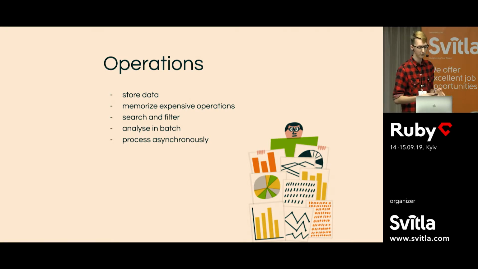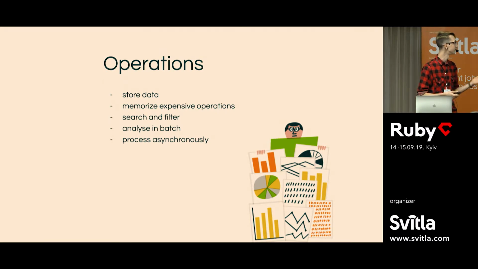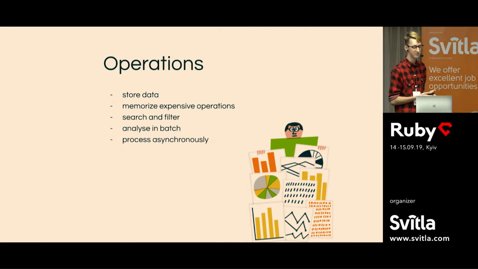And for all these different tasks, we would probably use different tools. For storing data, we would use a simple database. To memorize some operations, we can use a cache. For searching and filtering, search indexes. For analysis, we can use batch processing. And to asynchronously process data, we would use streams.